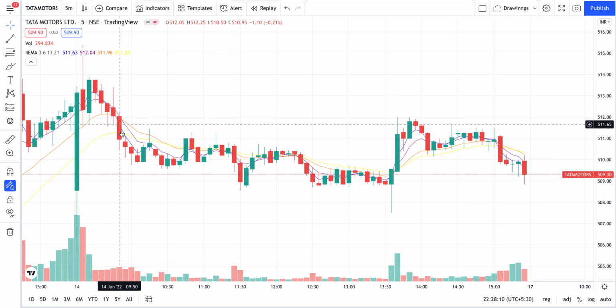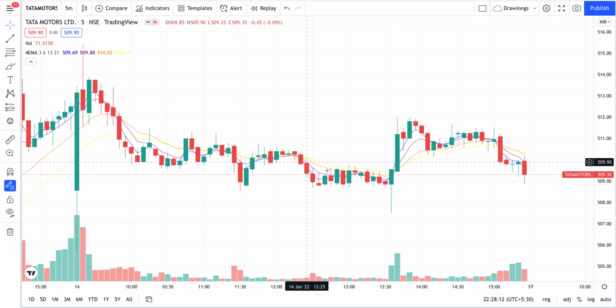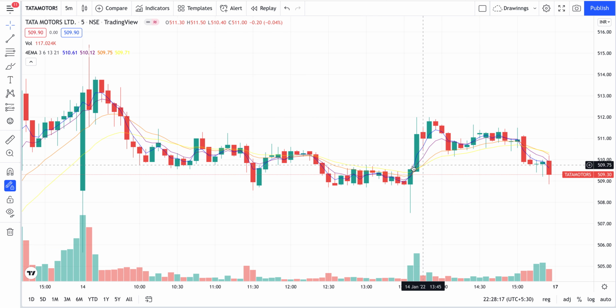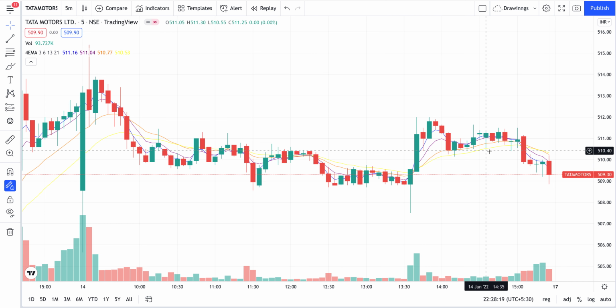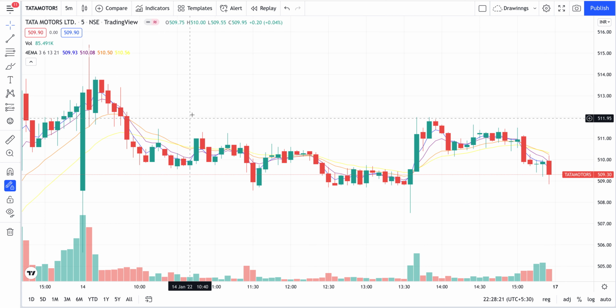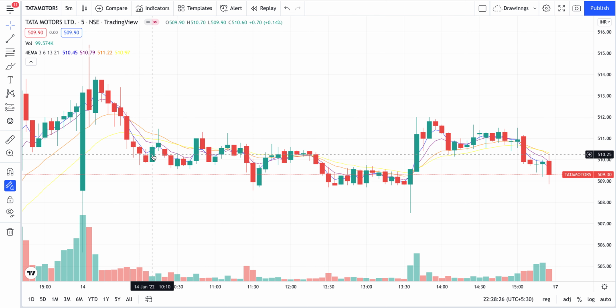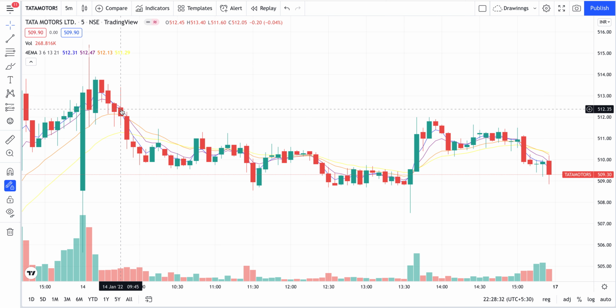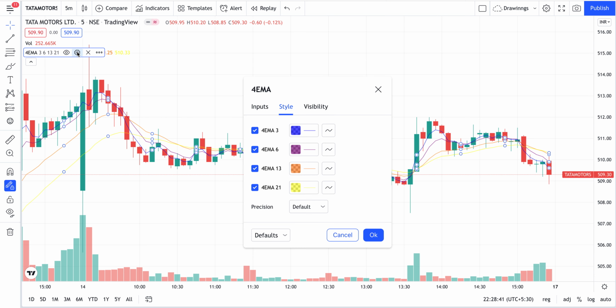It is very difficult to differentiate between them, because they are very adjacent to each other and coinciding. So we have to make some changes. For any kind of customization of the indicators, we have to go to the settings of each indicator. So for editing the exponential moving average, we are going into the settings.